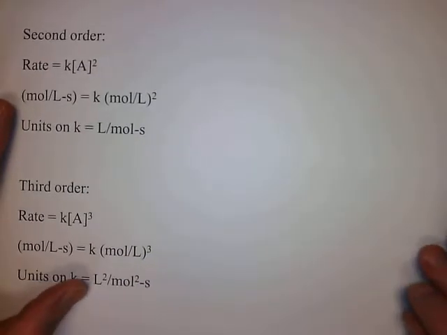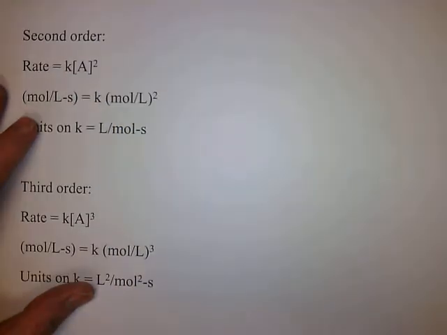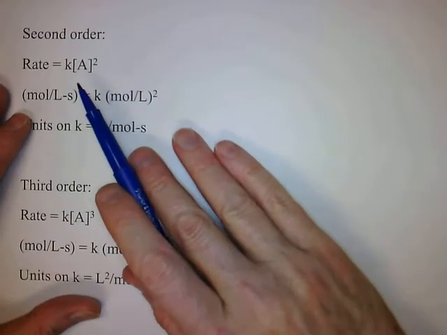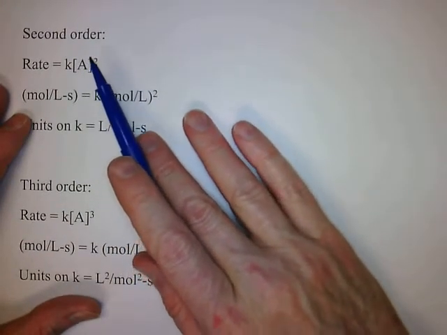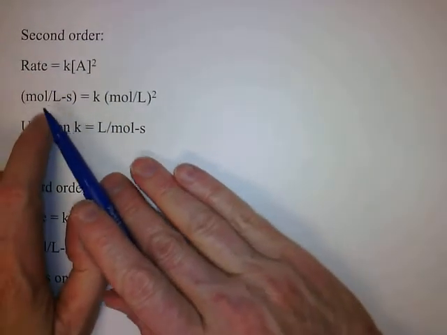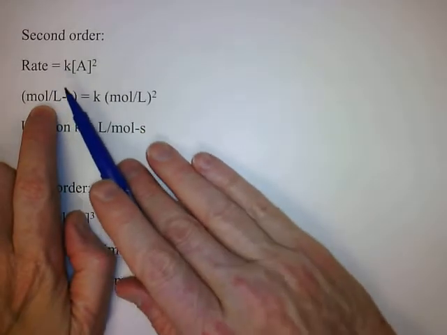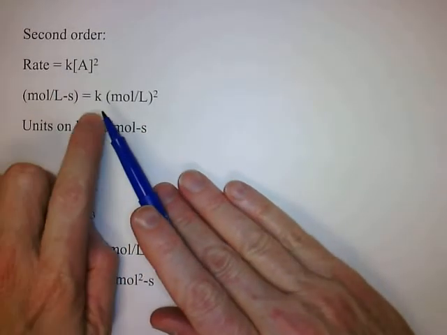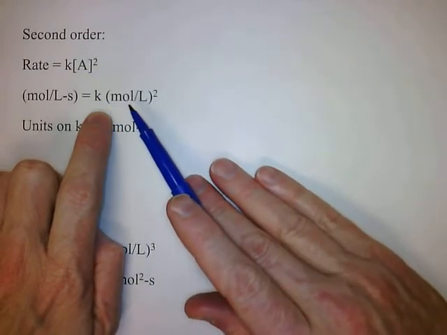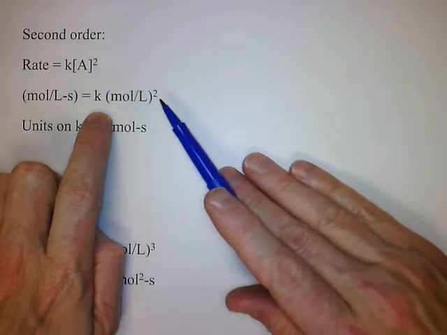Okay. Now let's suppose we have second order. So the rate is equal to some constant k times a concentration squared. Right? So the rate is still going to be moles per liter per second, change in concentration over change in time. And a concentration is still going to be moles per liter, but now that concentration is squared.